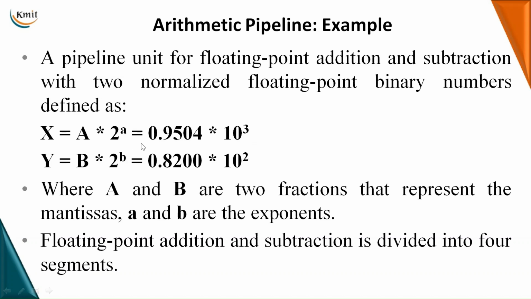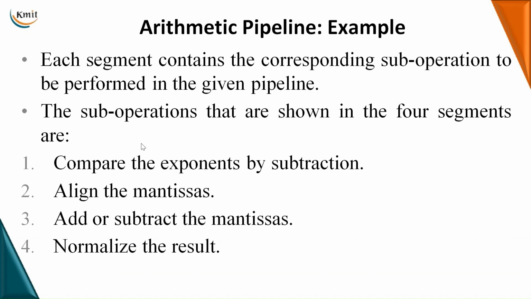The floating point addition and subtraction using an arithmetic pipeline is divided into four segments, and each segment contains a corresponding sub-operation that has to be performed in the pipeline.